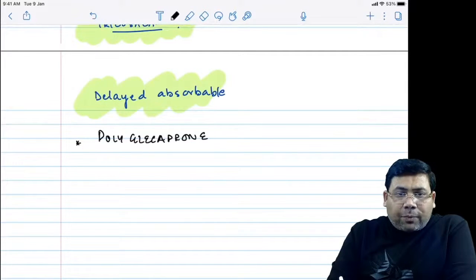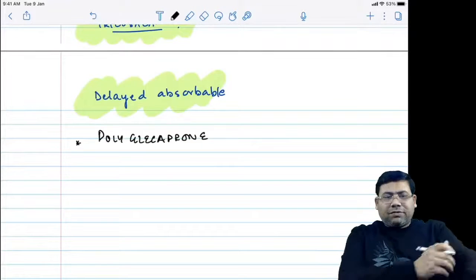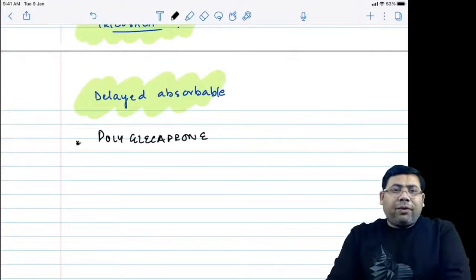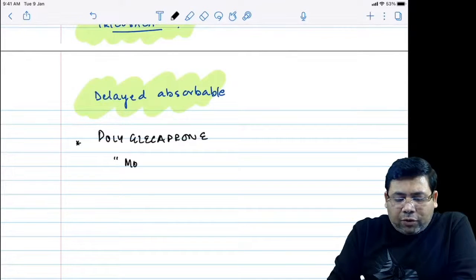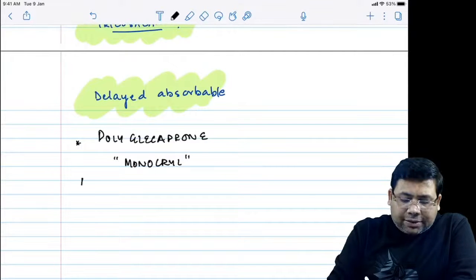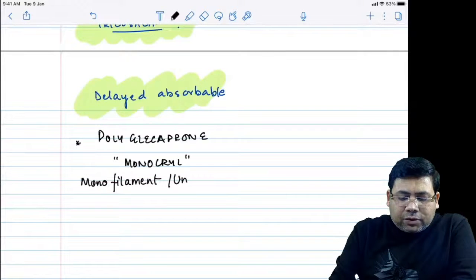The days of absorption. I'll show all the sutures, don't worry, I have all the sutures with me, so I'll be showing them one by one. Poliglecaprone is marketed by the name of Monocryl. Students, you have to understand, it's a monofilament, and also this is an undyed suture.